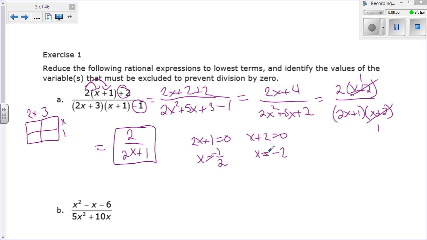So x equals negative 1/2 and x equals negative 2. So this would be reduced, and they'll say for x not equal to negative 1/2 and x not equal to negative 2, that will be defined.